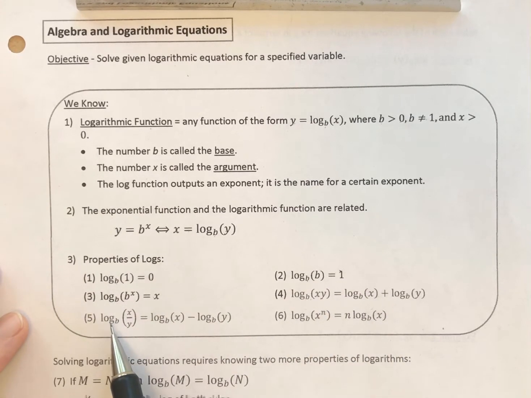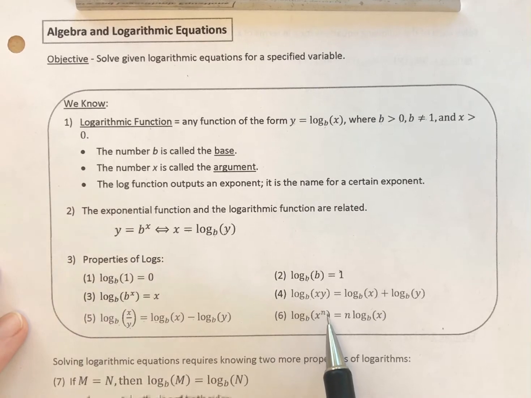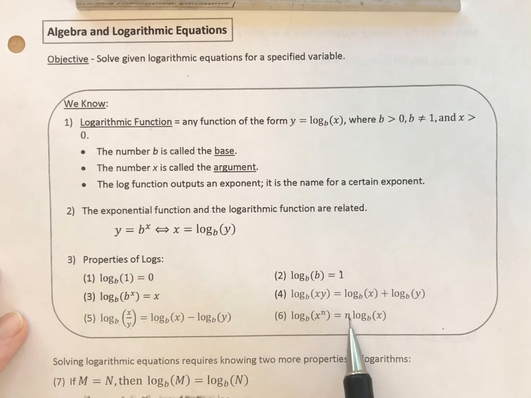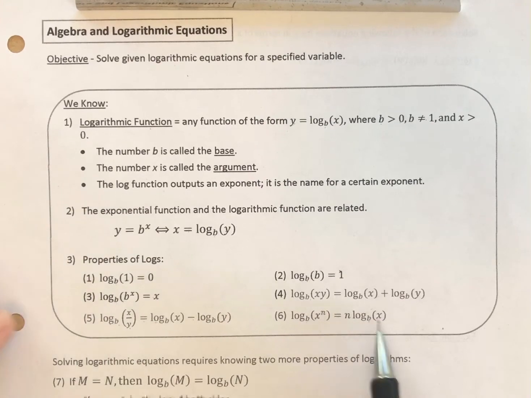The quotient property: the log base b of a quotient is equal to the log of the numerator minus the log of the denominator. And I guess you might call it the exponent property: the log base b of x to the n is equal to n times the log base b of x.